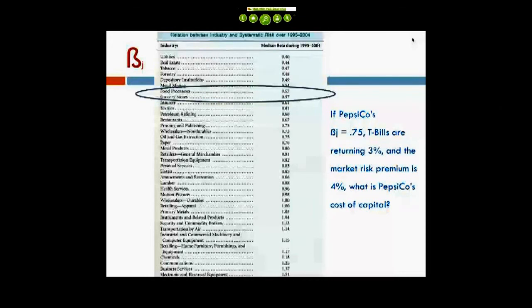T-bills are the risk-free rate, so your risk-free rate is 0.03. Your beta is 0.75, and your market risk premium is given to you, 0.04. So it's equal to 0.03 plus 75% of 0.04, which is 0.03, which is equal to 0.06.